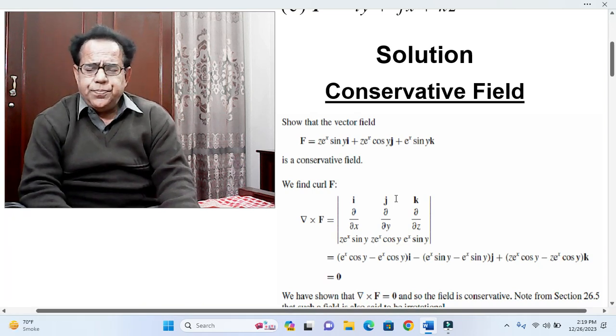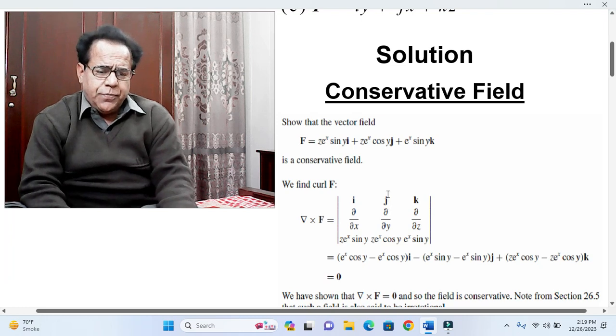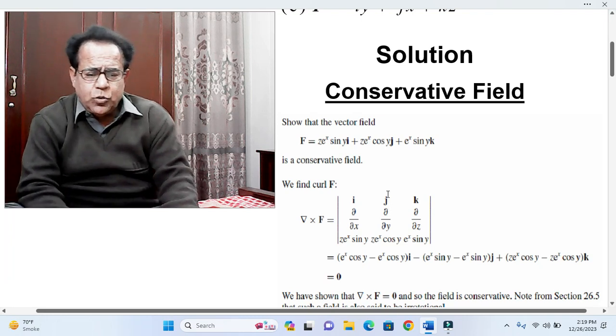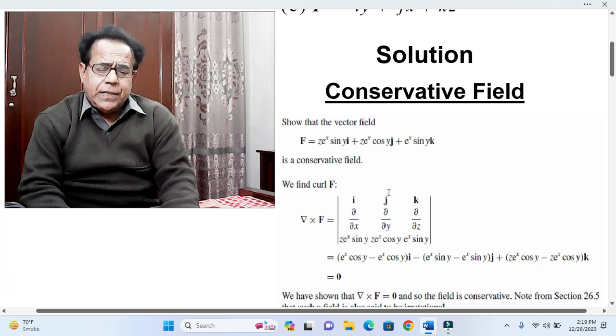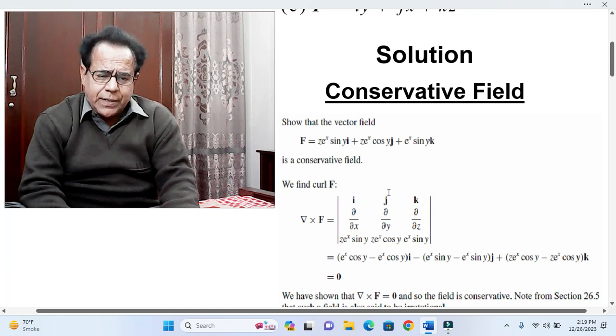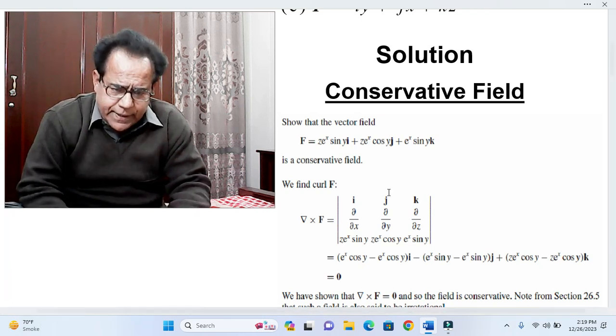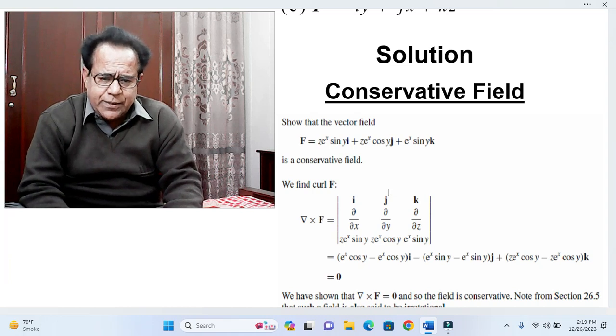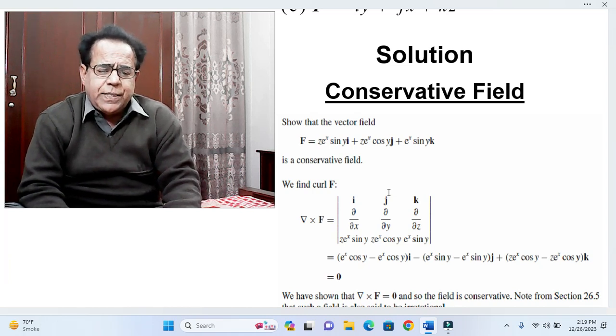Let us go forward and see what we are doing. Conservative field: show that the vector field F equal to this is a conservative field. We find curl F.